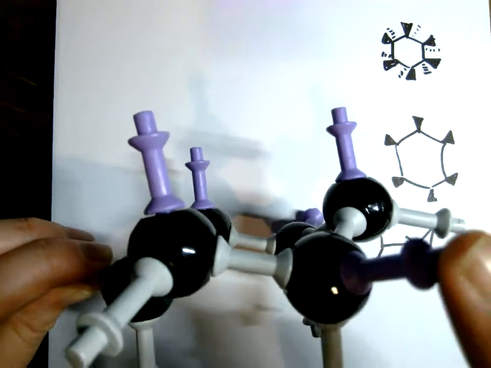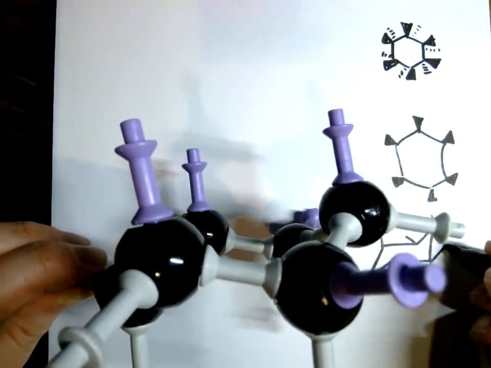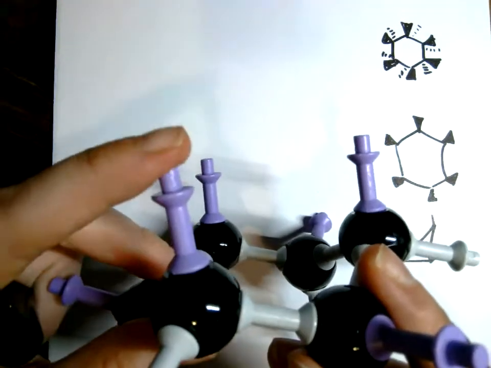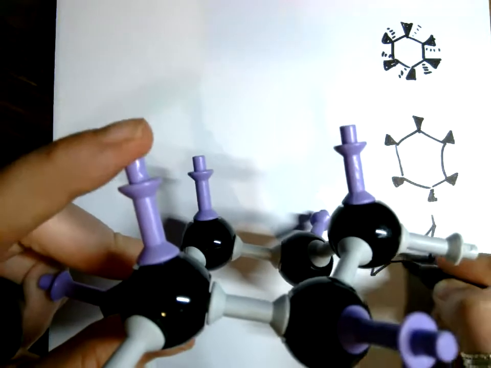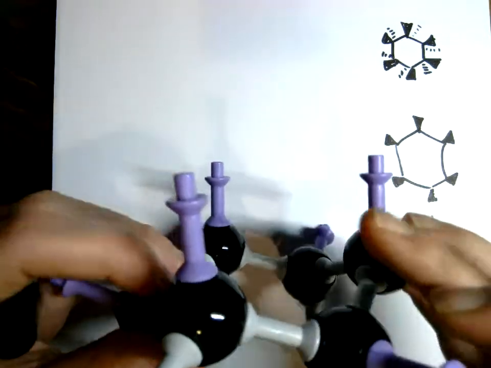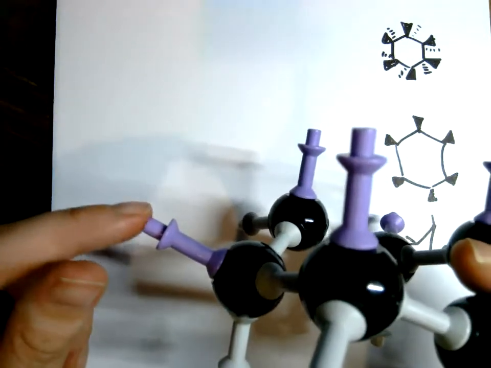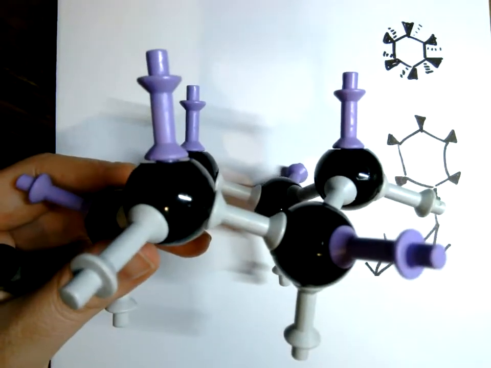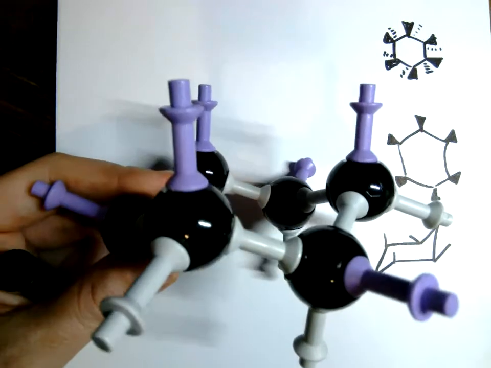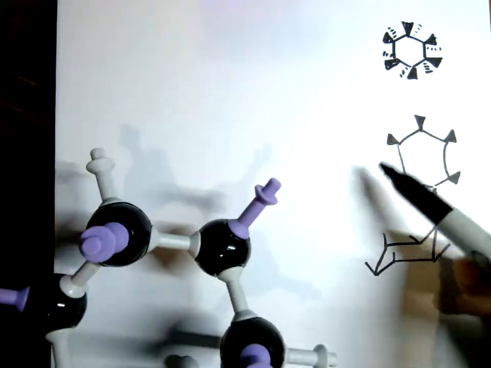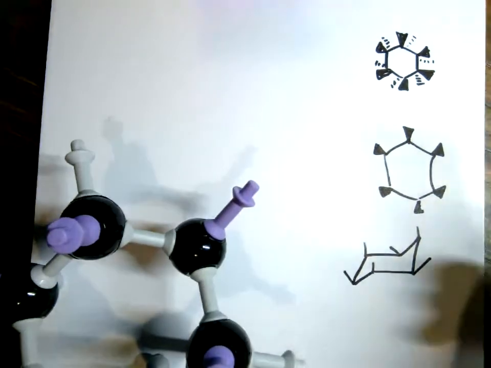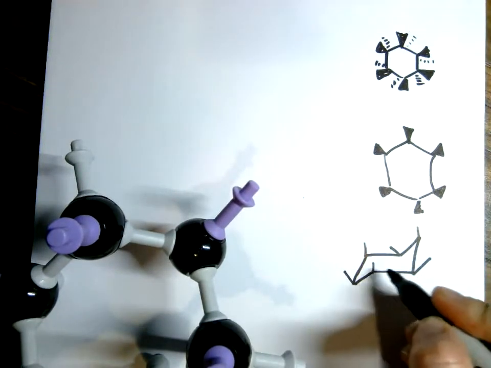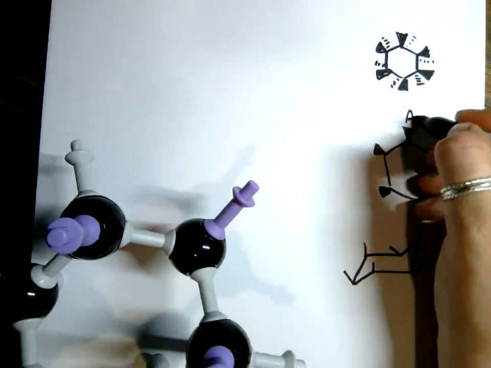And then we have a purple equatorial that's in line, that's in the equator. Then we have another axial that goes up. So this one's pointed up. And then we have an equatorial. Okay, so now you can see that these cis bonds all alternate to each other. Axial, equatorial, axial, equatorial, axial, equatorial.